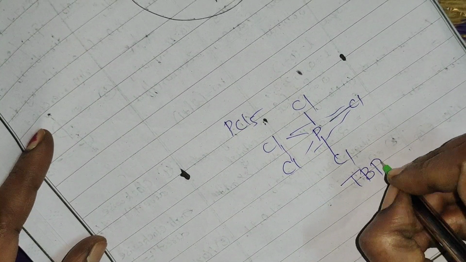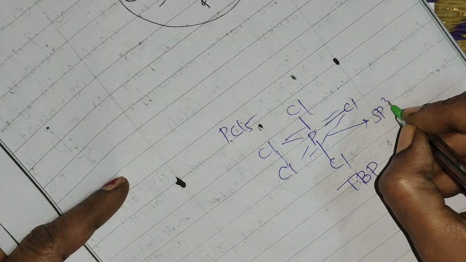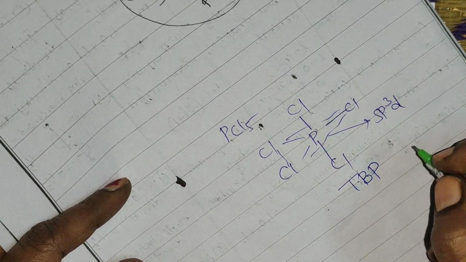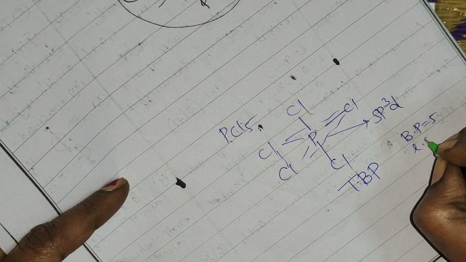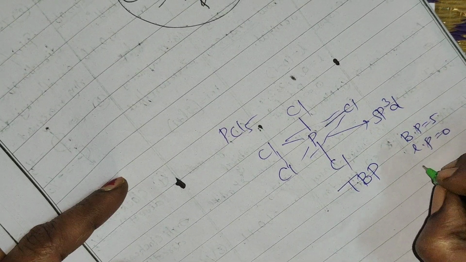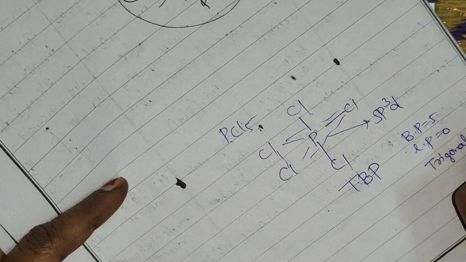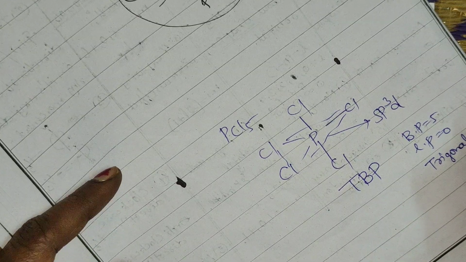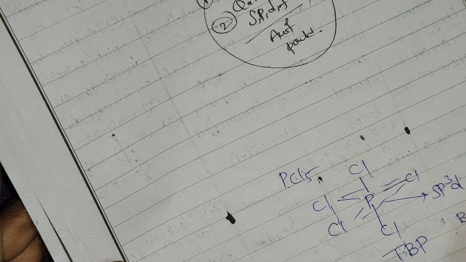This is the trigonal bipyramidal structure, with 5 sigma bonds, that is why it shows sp3d hybridization. Bond pairs are 5, lone pairs are 0. The shape of the molecule is trigonal bipyramidal. Once you learn that structure, beta, these are some very important questions.